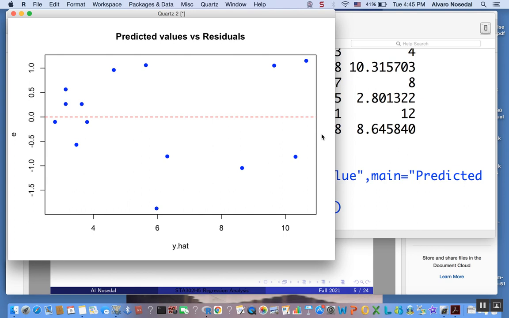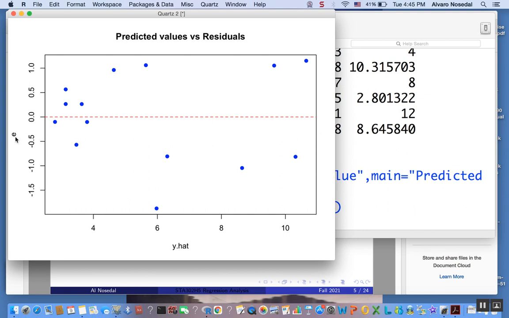And finally, the equal variance assumption. Now we know that we have two routes, two possibilities as far as graphs go to assess that assumption.